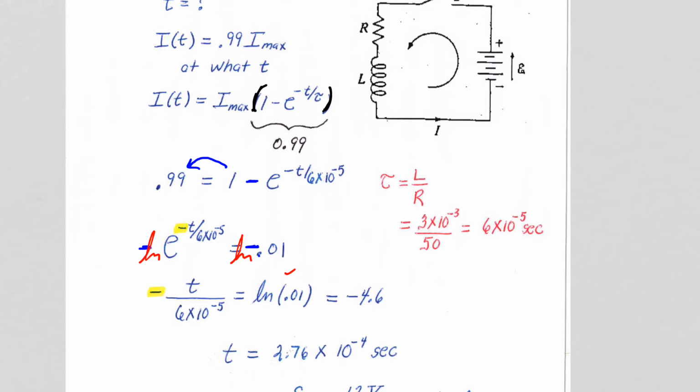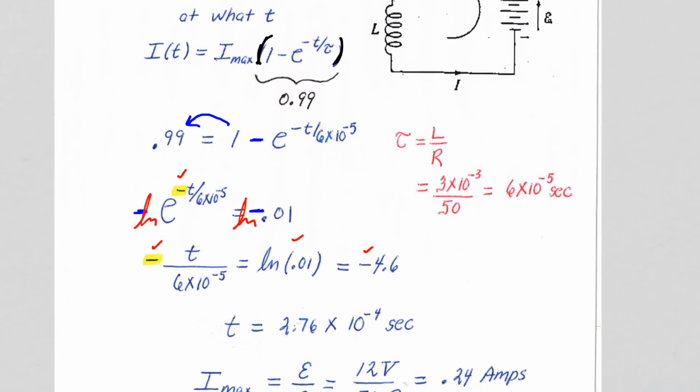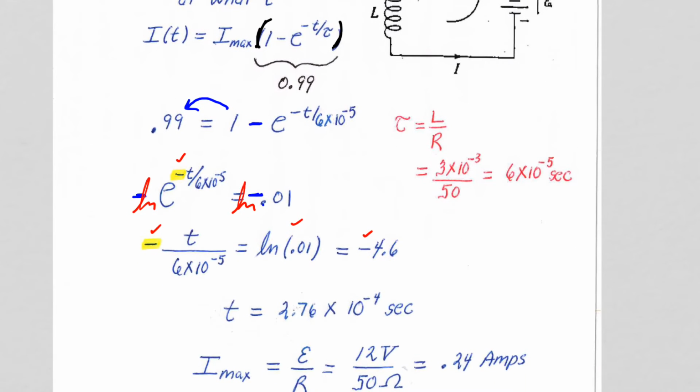Now, we bring in another negative, however, because the negative up here is the negative I have highlighted here. The natural log of 0.01 is actually negative 4.6, so those negatives take care of each other, and the time it takes to get to 0.99 is 2.76 times 10 to the minus 4.